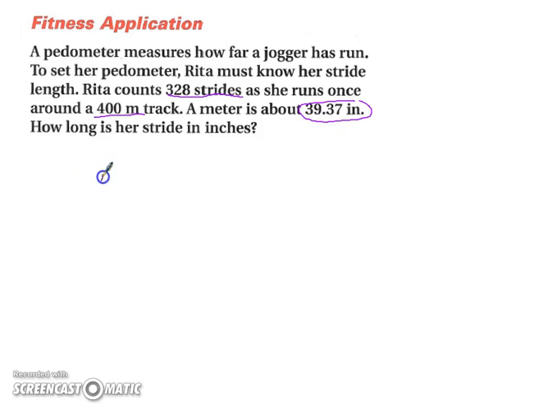So we know that 400 meters is the same as saying 328 strides. And we want to figure out how many meters one stride is.